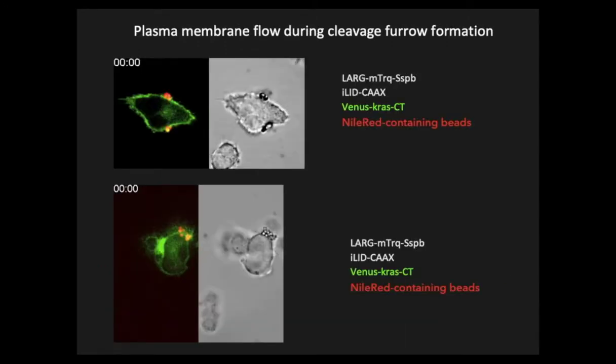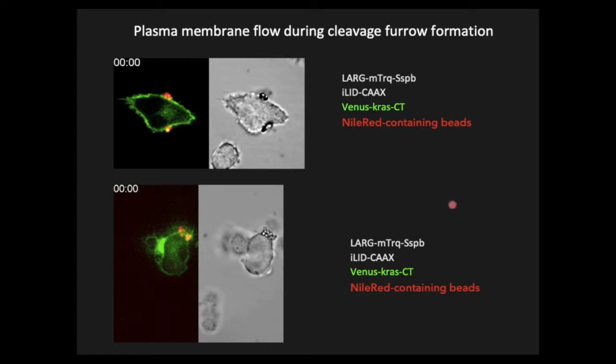We know from previous work in our lab that the activation of RhoA induces actin-myosin contractility that results in membrane flow. Then we check if there is membrane flow during furrow formation. For this experiment, we attach beads to the membrane.